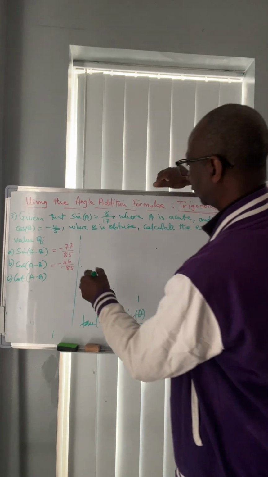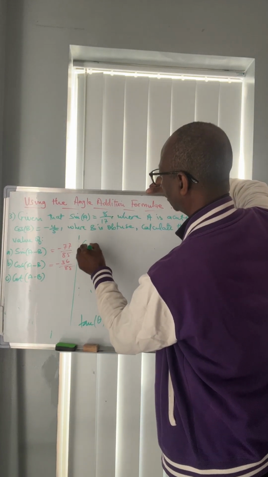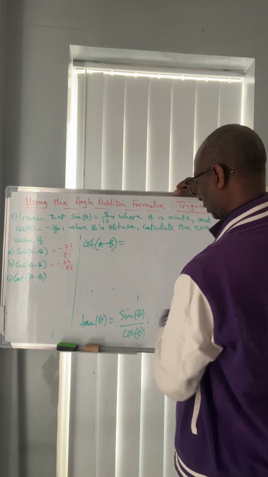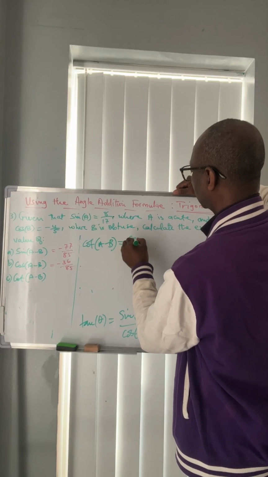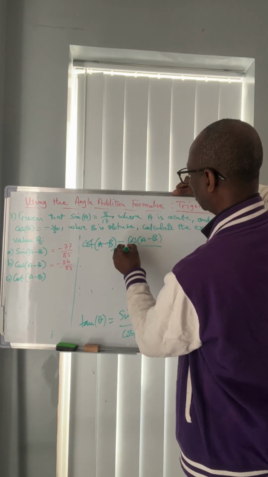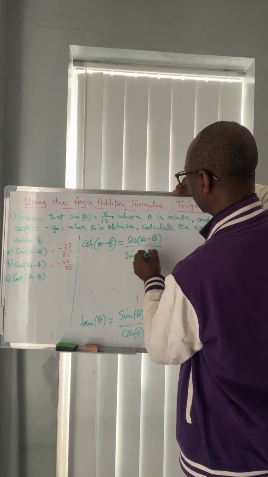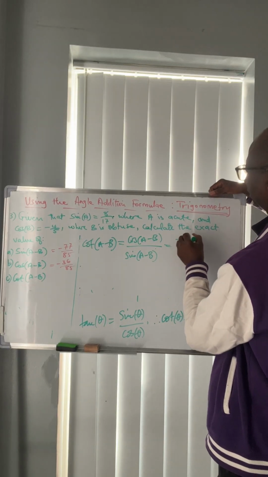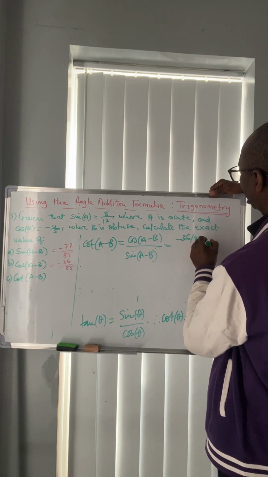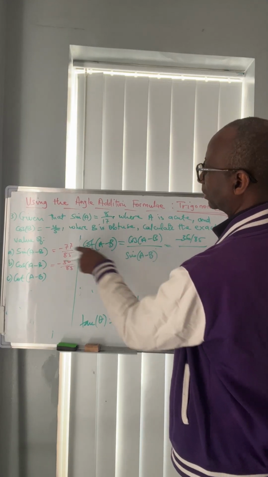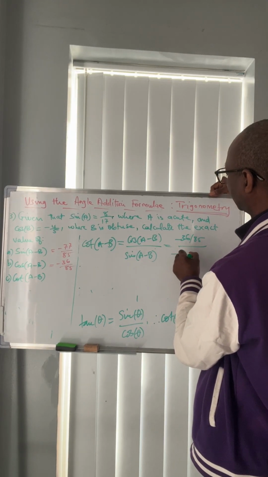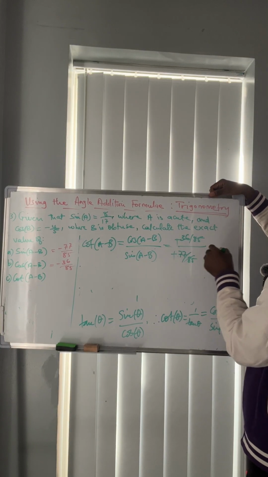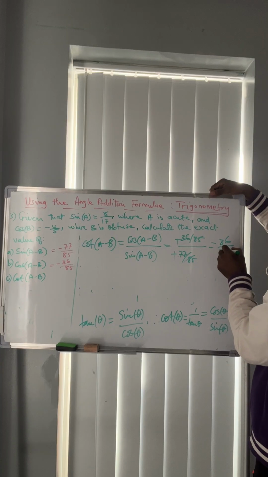So cos A minus B is minus 36 all over 85, divided by sine A minus B, which is minus 77 all over 85. So the 85s will cancel, the minuses will cancel. So the final answer is 36 all over 77.